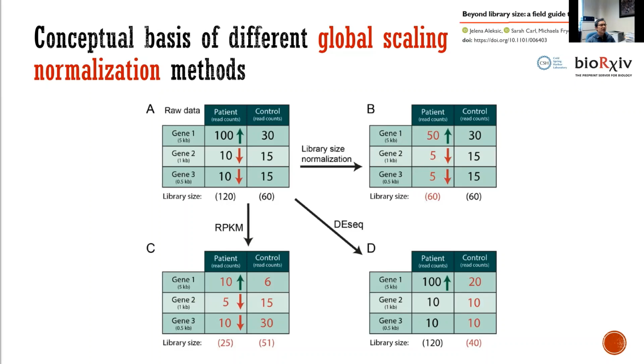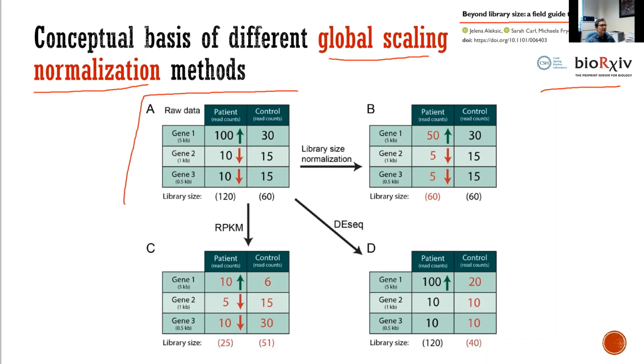This is an unpublished manuscript called Beyond Library Size, a field guide to next generation sequence normalization. Library size normalization belongs to a category of so-called global scaling normalization methods. They are rooted in the traditional bulk RNA-seq analysis.